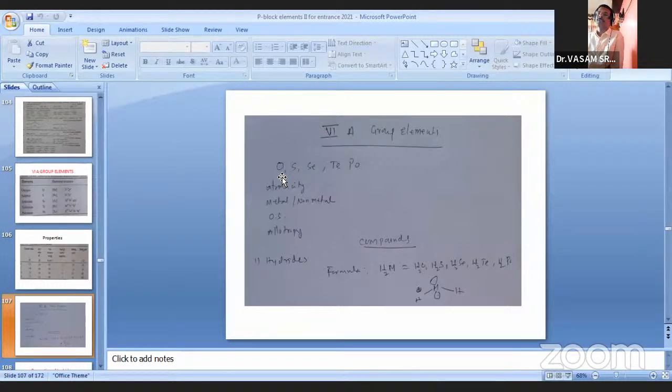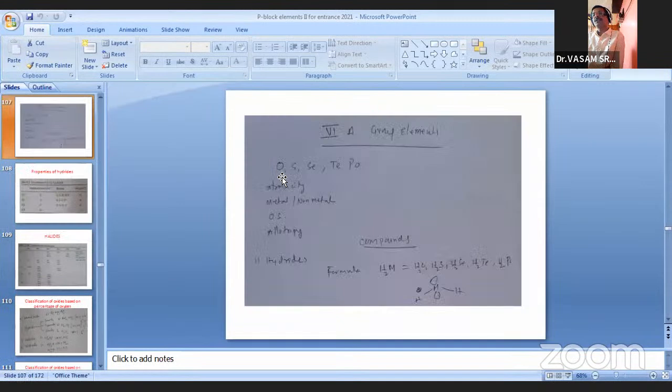Oxygen also exhibits two allotropic forms, that is O2 and O3. O2 is dioxygen and O3 is called ozone. Selenium and tellurium also exhibit allotropic forms. So these are all physical properties.